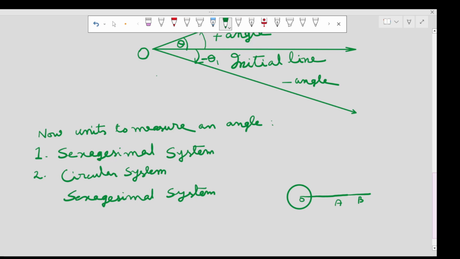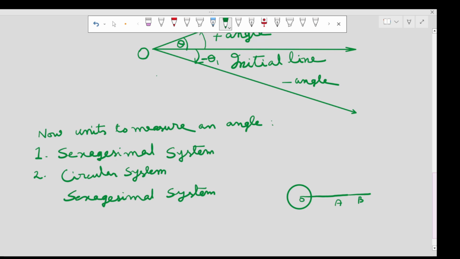If two rays meet, or two rays coincide, the angle is called a complete angle. If this complete angle is divided into 360 parts, then each part is called 1 degree.